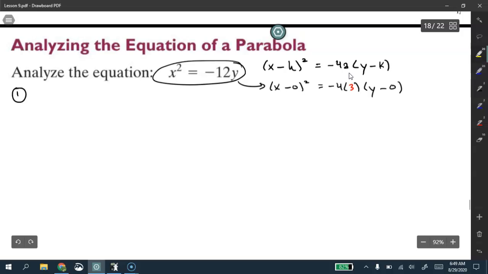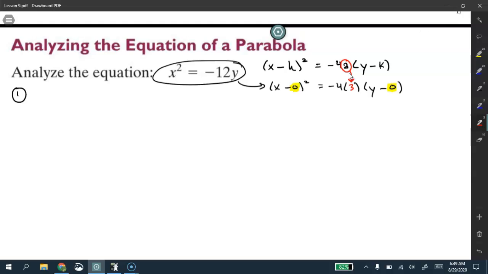So using that logic, we can tell where the vertex is. Once again, the vertex is going to be at 0, 0. And not just that, we can also tell what the value of a is. The value of a is 3.